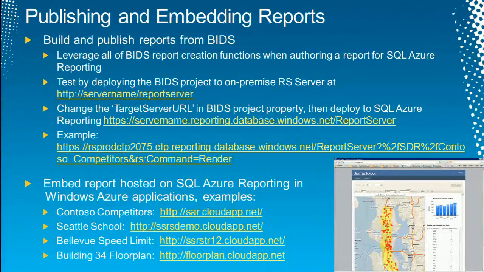And all you do is target your deployment to one of those locations. There's some really great examples that you can see already. Some of them we have put up ourselves, and some of them our partners have put up, and those are listed right there. Any questions about Dev 10, Dev 11, or SQL Azure?